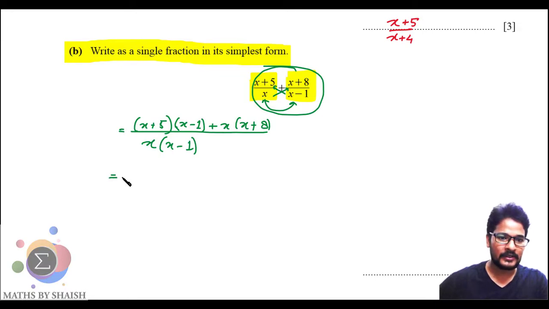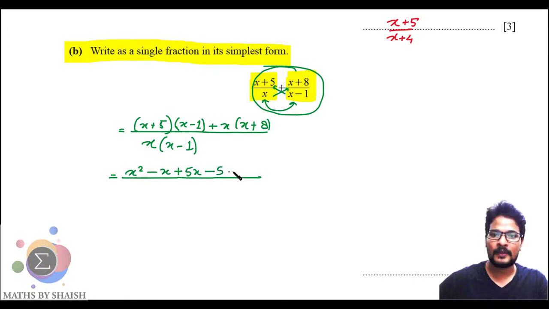Now we will simplify it. Numerator: x into x is x squared, x into minus 1 is minus x, 5 into x is 5x, 5 into minus 1 is minus 5, and plus x into x is x squared, x into 8 is 8x. The denominator would be the same, we will not change it.